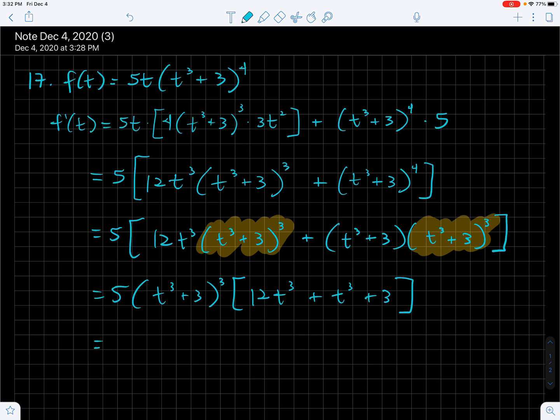And just to match it to the textbook, I'm going to flip the factors by the commutative property of multiplication. I'm allowed to switch them. And there we are. We have matched the textbook.